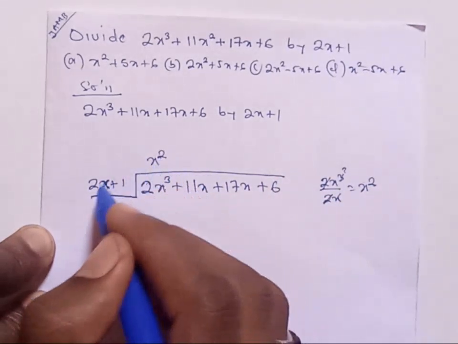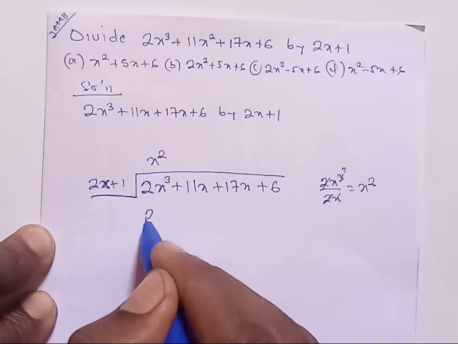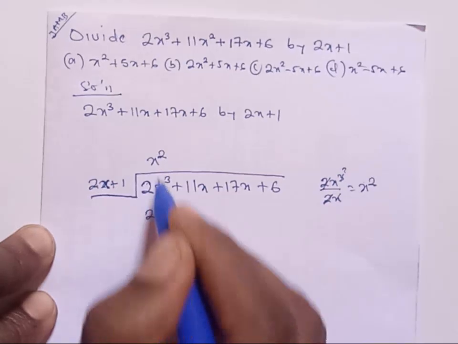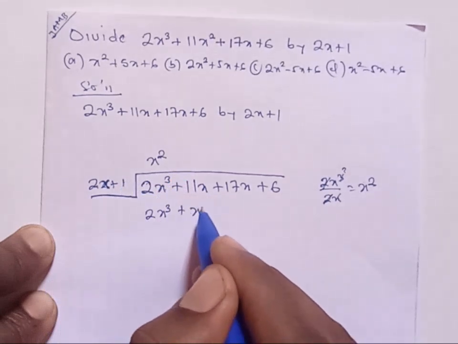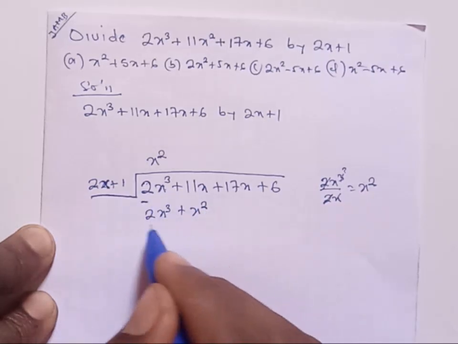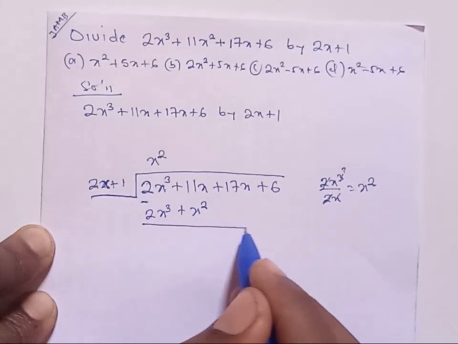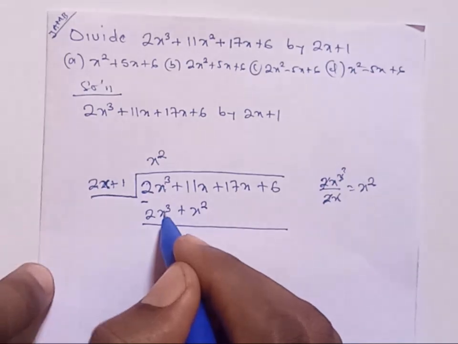Then we have x squared times 2x, which is 2x cubed, and x squared times 1, which is plus x squared. Then what is the next step? Subtract. Upon subtraction, we have 2x cubed minus 2x cubed, 0.